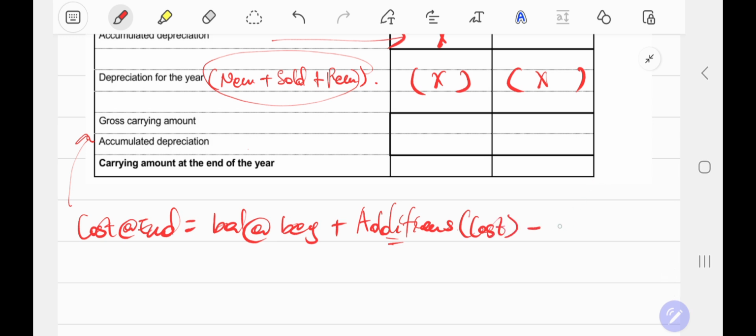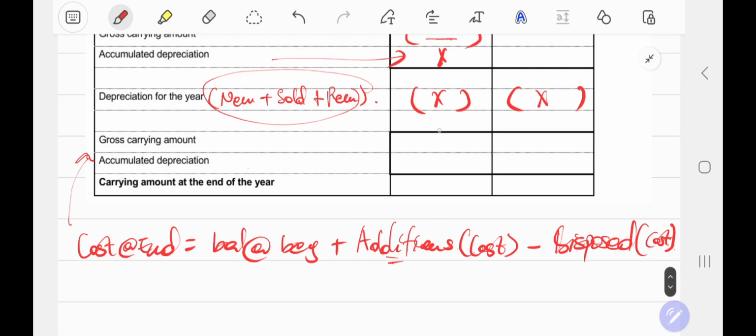And then you'll minus the sold, or let's say the disposed asset. So you'll minus the cost of the disposed asset. And then this calculation will give you this amount here.